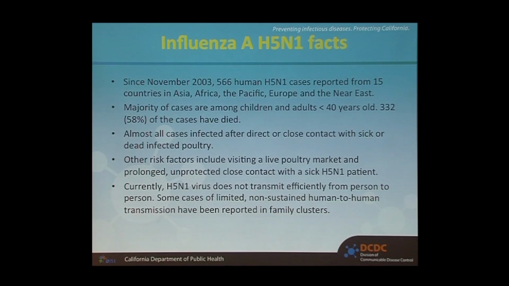It does not appear to transmit efficiently from person to person, so it still appears to be poultry to human, and that's important. Whenever they hear of cases, WHO flies in and makes sure that it is poultry to person and not person to person, because once it acquires the mutation of person to person transmission, then we really worry because that is a pandemic.